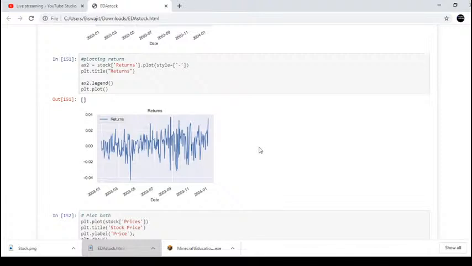That means your mean is 0, and standard deviation is constant. Obviously standard deviation is not constant here, but it is definitely hovering around 0%, something that you expect in the return series, right?